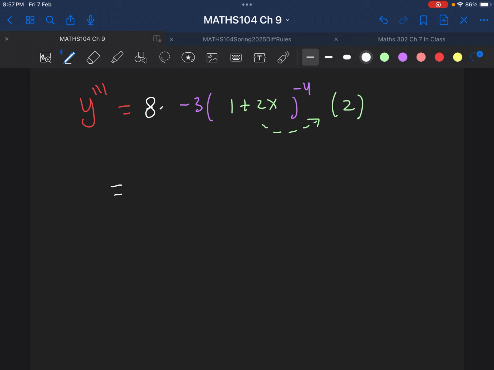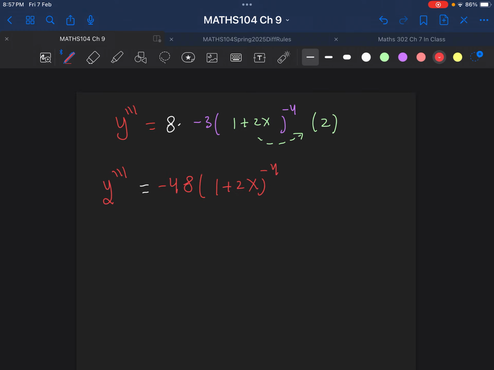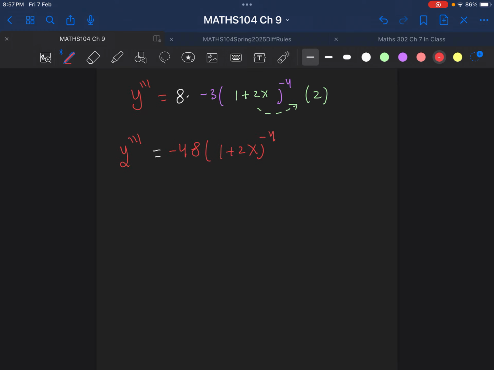Now, if we combine this to the final answer, will be negative 48, (1 plus 2x) to the negative 4. And that's the third derivative we are looking for.